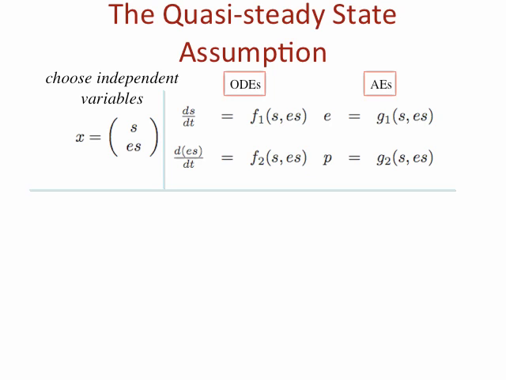So if we choose S and ES, we now have a model of two differential equations with two right-hand sides described by f1 and f2. And then we have two algebraic equations from which we can calculate the enzyme and the product when we know S and ES. To do that, we have two functions, g1 and g2, which are the equations describing the time invariants.